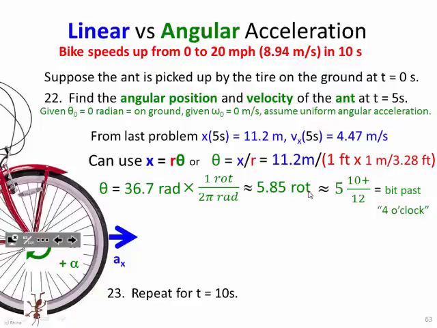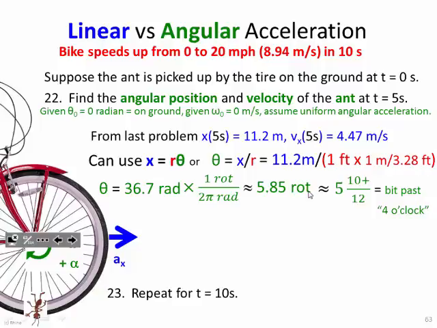Your clock. What hour you're on the clock, right? How did I get this roughly 10/12? What did I do, Ashwin? Take 0.85 and multiply it by 12. I'm basically taking my conversion factor that I did not show here, 1 rotation is 12 hours. So I did multiply by 12 hours per rotation, and I converted this into hours.